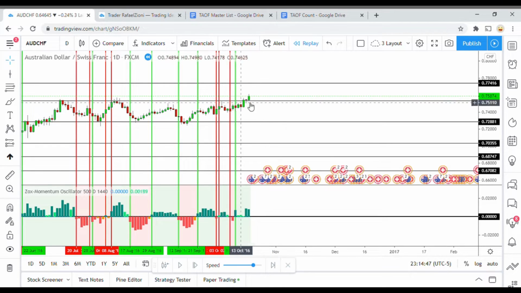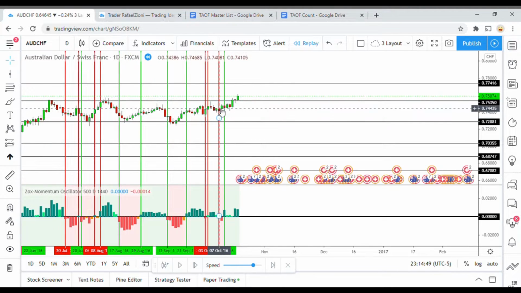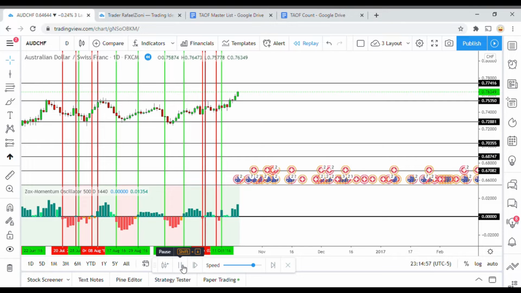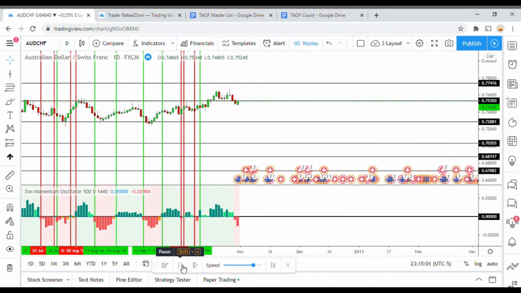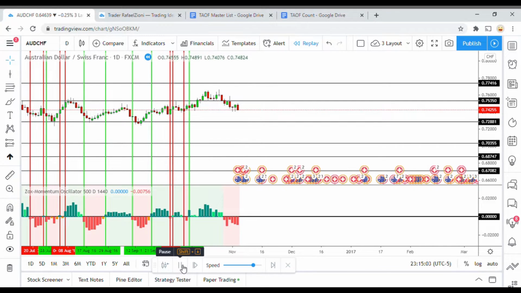But again, that's just speculation. That's what we see often. But if we knew what they did every single time, then we would constantly be winning and they would constantly be losing, and that's not what their business model is.